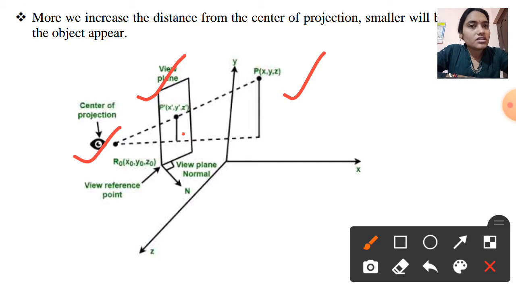The object in the view plane looks like this, and the point is P dash, whose coordinate position is X dash, Y dash and Z dash. In this view plane, this one is our view reference point, and this one is the view plane normal. So that is how the object becomes realistic.